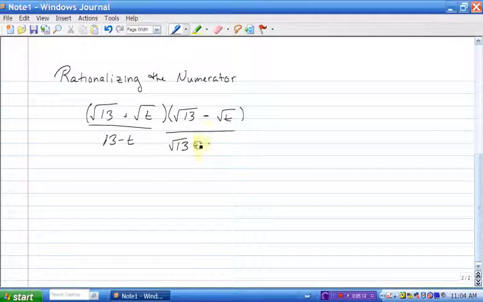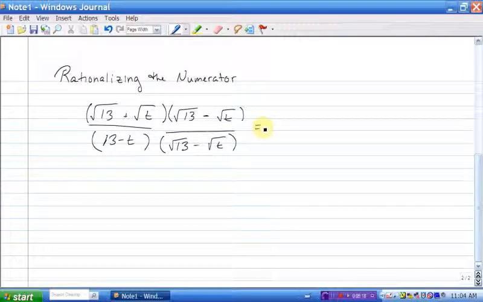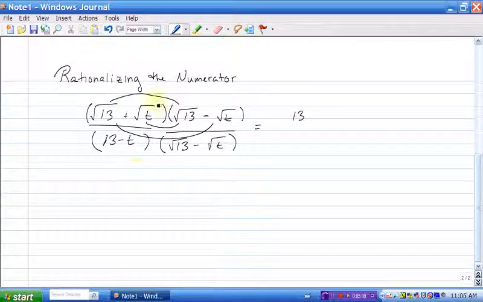Okay. We're going to go ahead and distribute or FOIL. Radical 13 times radical 13 is going to be 13. The plus radical 13t minus radical 13t are going to go out. And then my last times my last, positive times a negative, negative radical t times radical t is negative t.